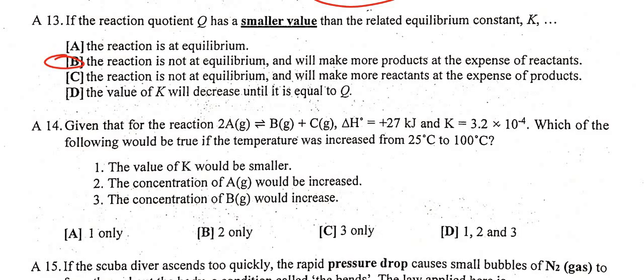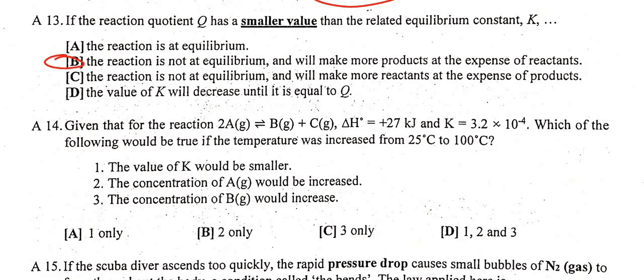Number 14 here, they're saying that for the reaction there's a positive energy given, and also a constant. Which of the following would be true if the temperature was increased from 25 to 100? The temperature is increased, right?